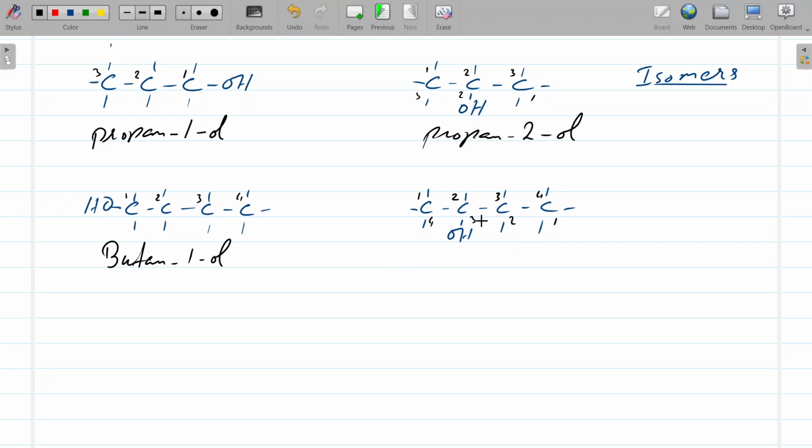What do I do? Whichever is closest, the lowest number. So the numbering from the left to the right gives me carbon number 2. So this is the one I will use, and that gives me butan-2-ol.